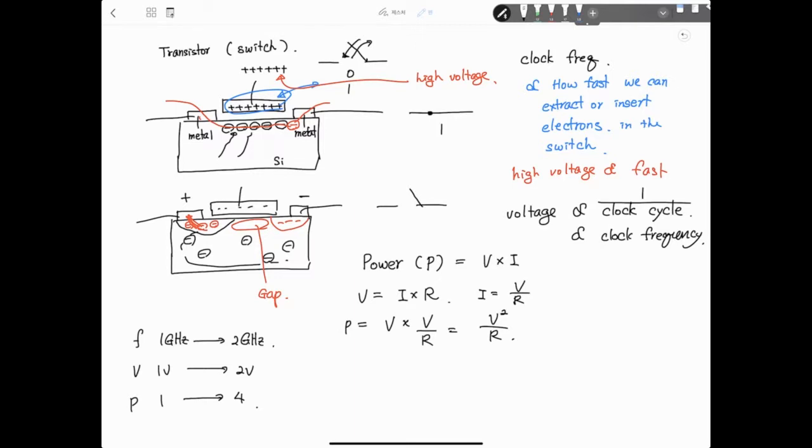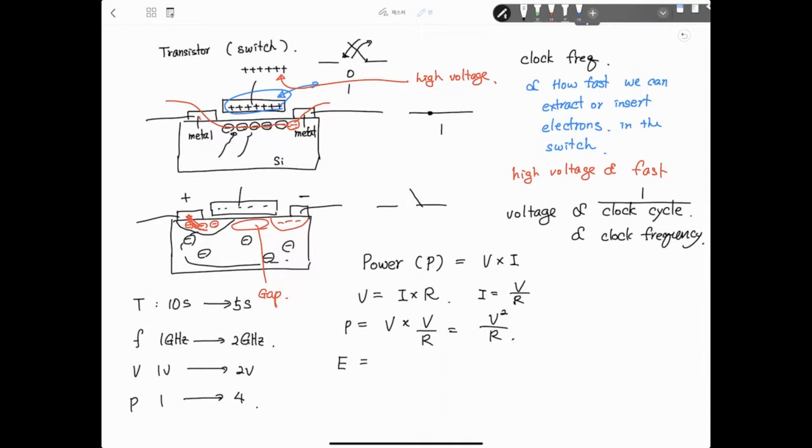So let's say a program takes CPU time of 10 seconds. What about the 2 volt case? What about the CPU time in that case? If the clock frequency was 1 gigahertz, yes, it is 5 seconds. What about the energy consumption?